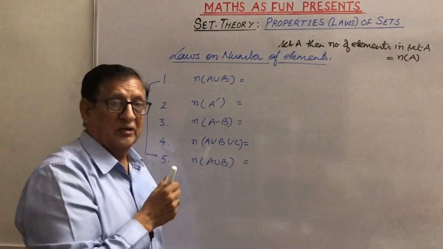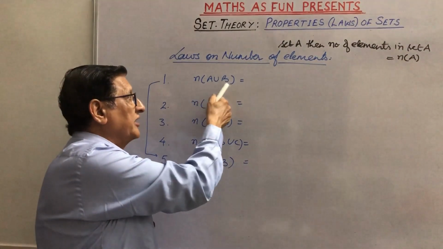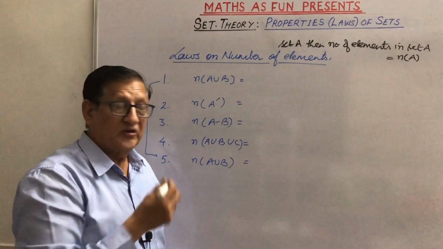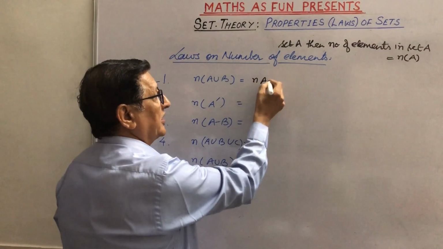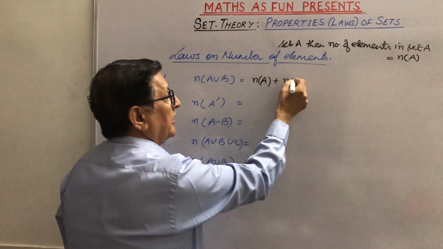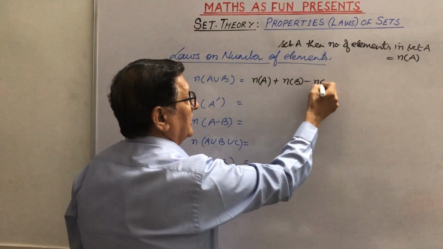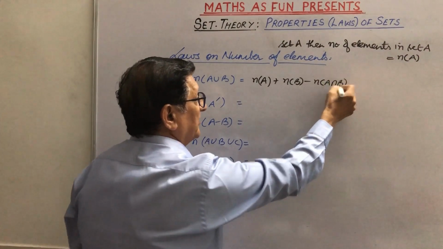n(A union B) means number of elements in A union B. We can find by the formula of the identity n(A) plus n(B) minus n(A intersection B).